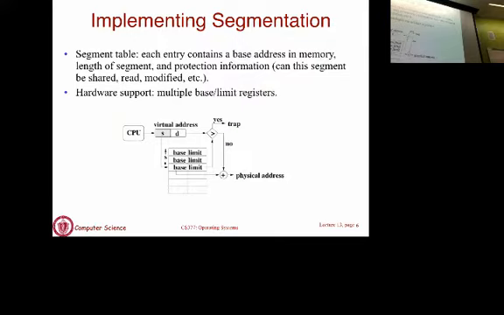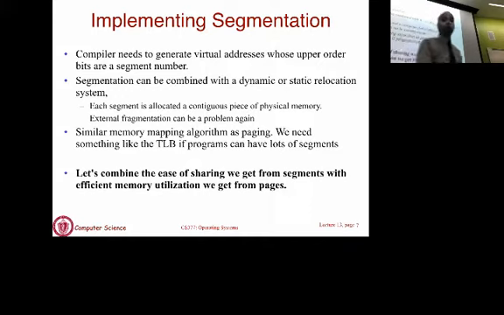You're not going to have 10,000 segments. You may have maybe a dozen segments, two dozen segments, some small number of segments. So there you can store the base and limit addresses in registers if you want. That's going to help us keep the performance of segmentation good. So you don't have to deal with going to memory and so on.